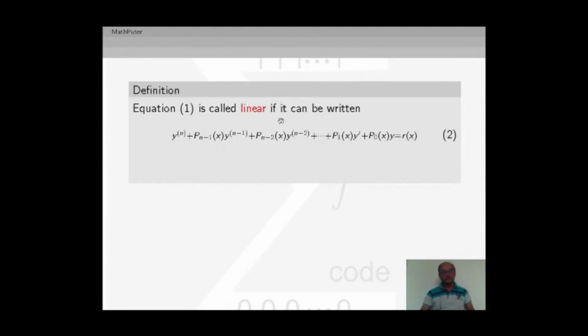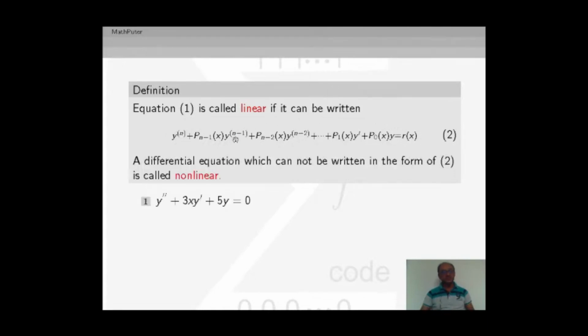If the differential equation can be represented by this form, then it is called linear, otherwise it is non-linear.